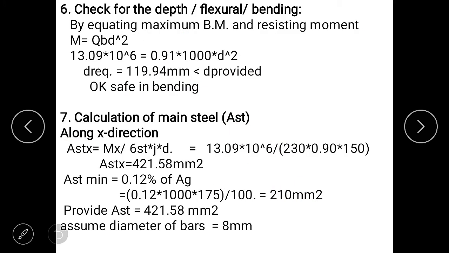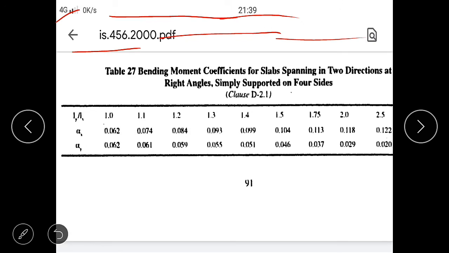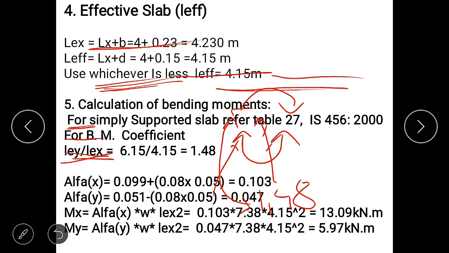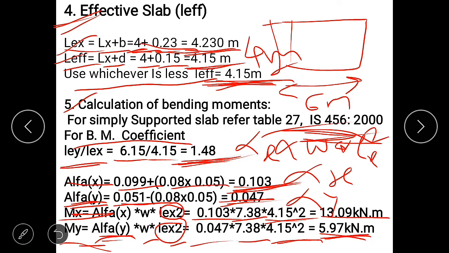Okay, now we have to check whether our depth is okay or not. For checking the depth, we equate the maximum bending moment and the resisting moment. Which moment do we take, Mx or My? We have two moments. Mx is 13.09 kilonewton meter and My is 5.97.